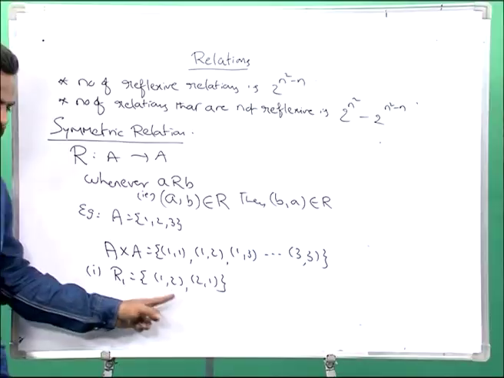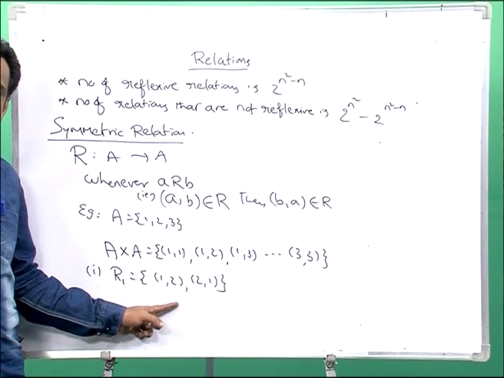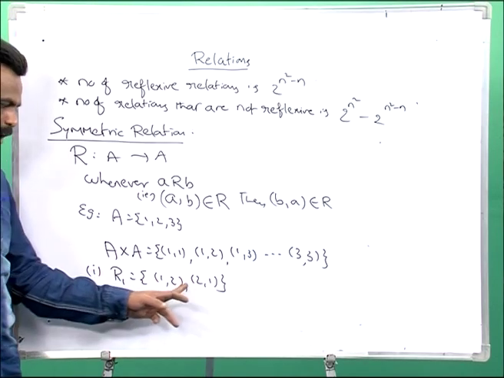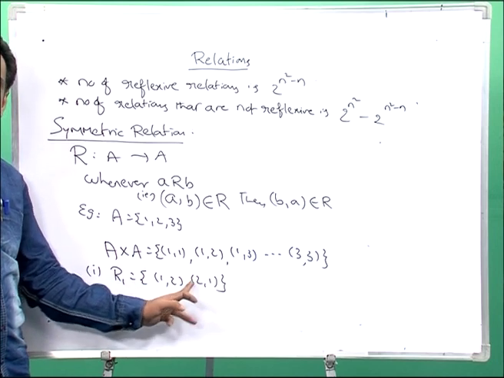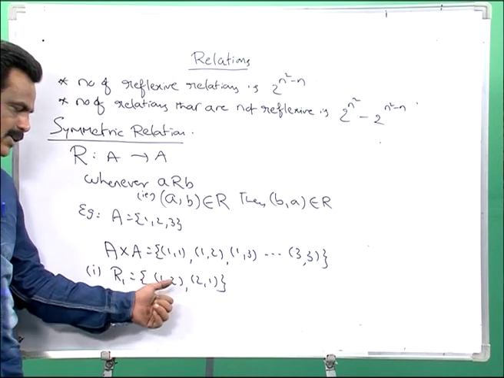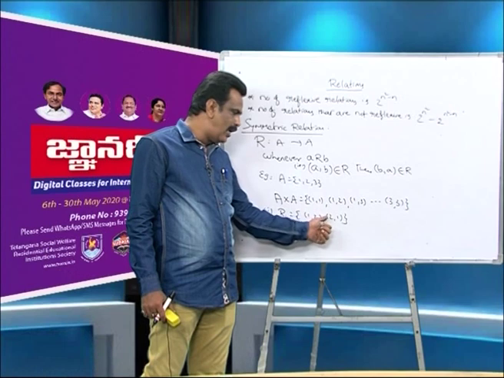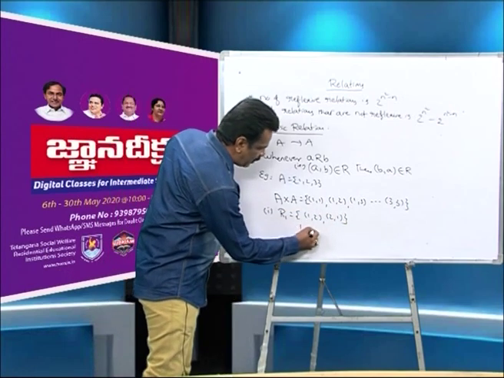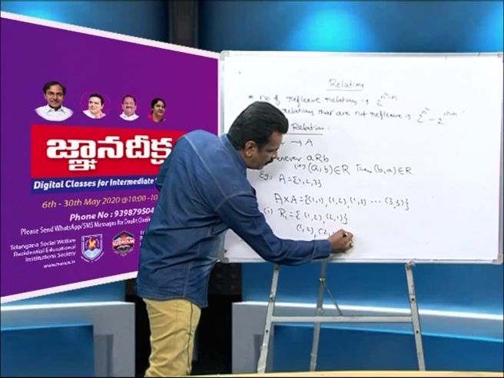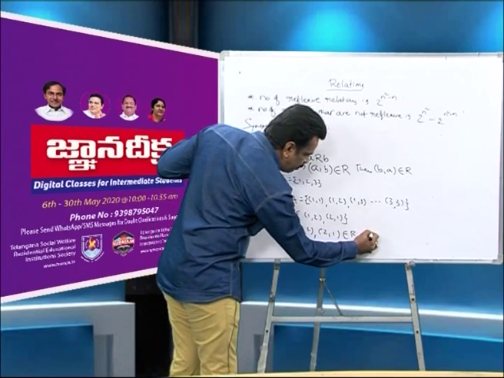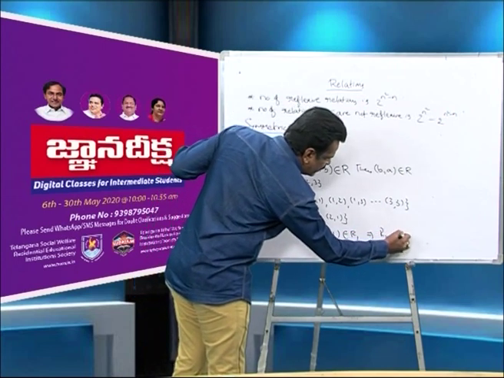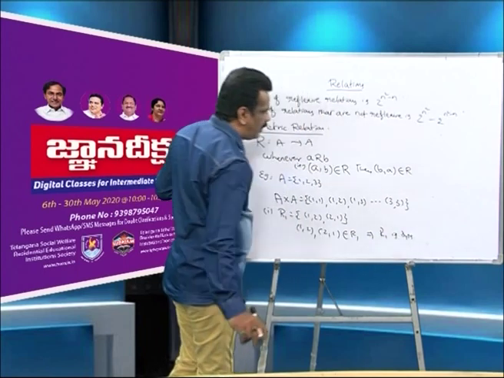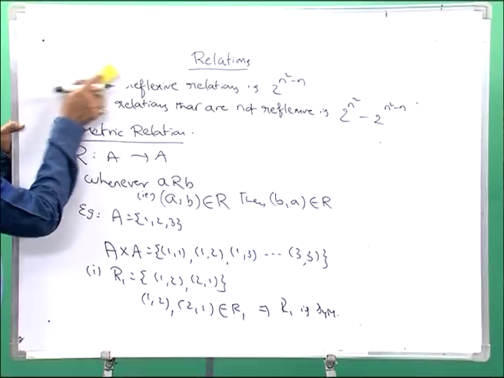Here 1, 2 implies 1 is connected to 2 under the relation R1, and 2, 1 implies 2 is connected to 1. We can say 1 comma 2 and 2 comma 1 both are in R1, implies R1 is symmetric, we can write.